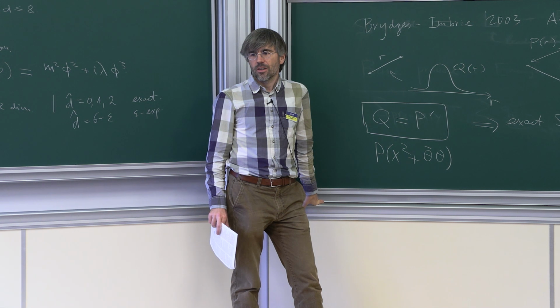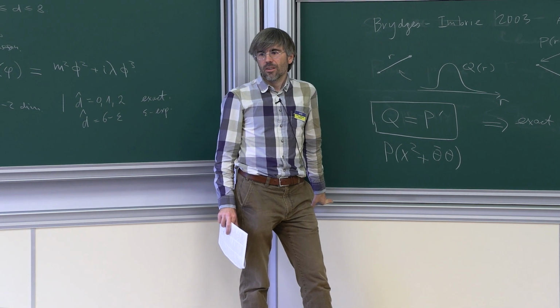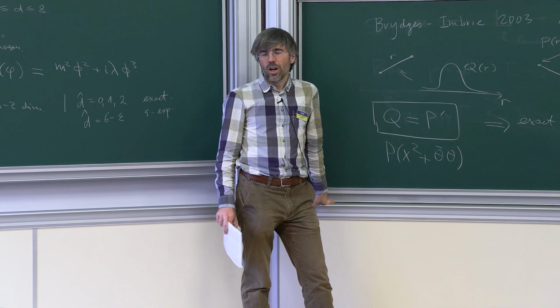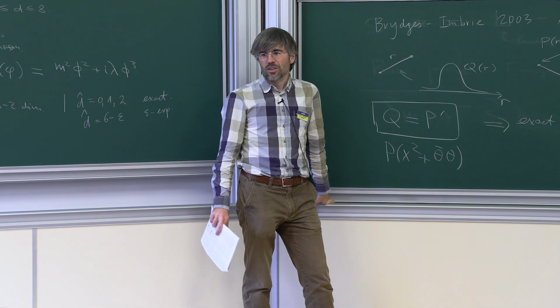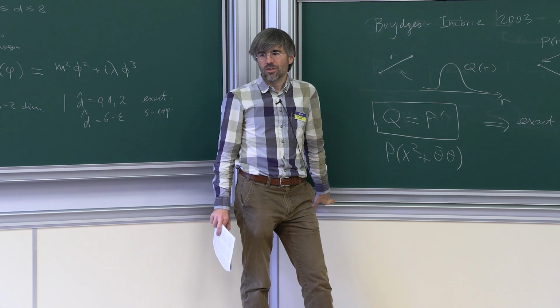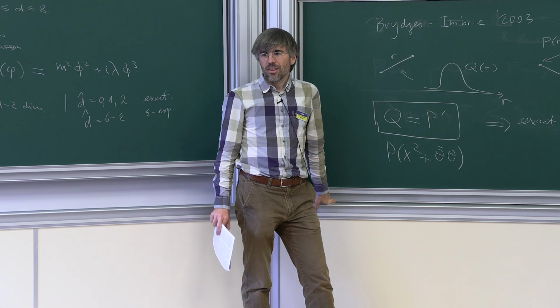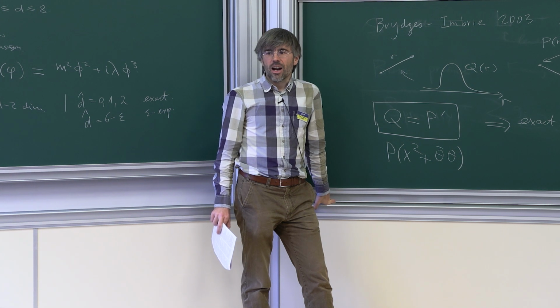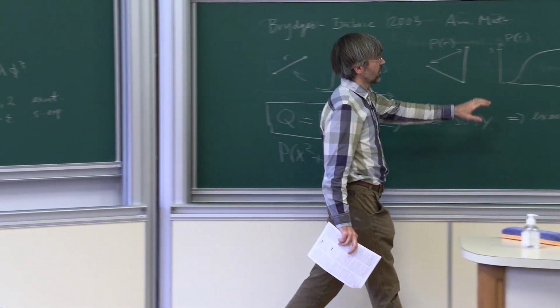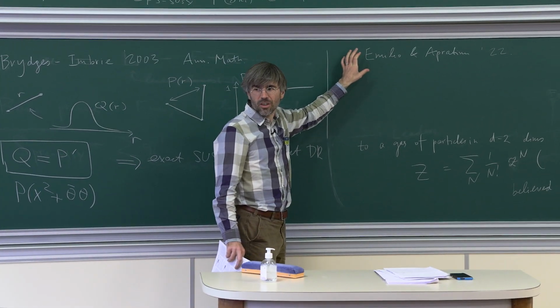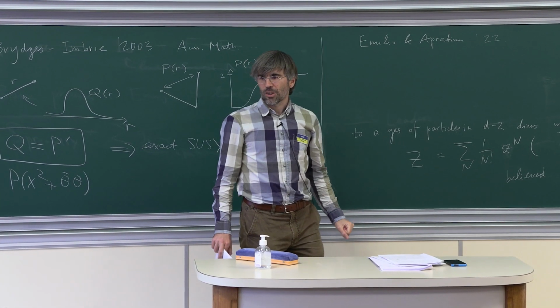Do you have some intuitive way of understanding why in the branched polymer it works and in the Ising model it doesn't? Why for the branched polymers there are these interesting models? Why are these perturbations irrelevant rather than relevant? You mean for the case without SUSY, when we don't assume SUSY from the start? No, we don't understand it at an intuitive level.